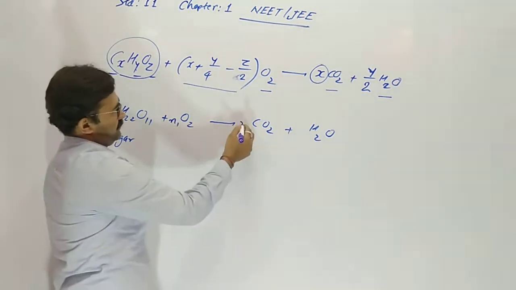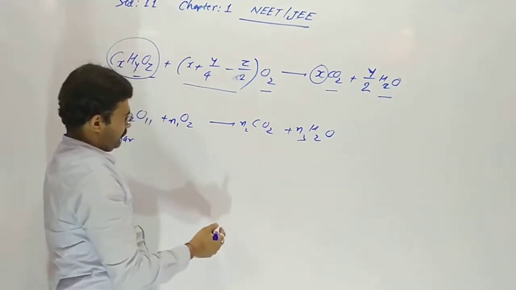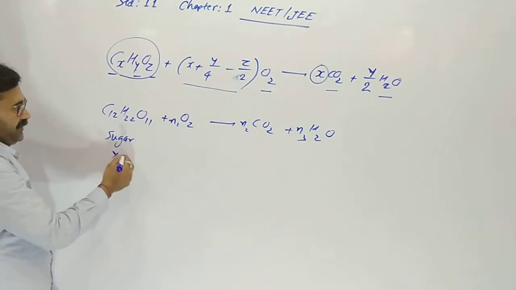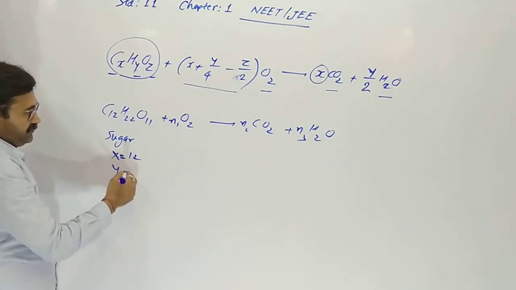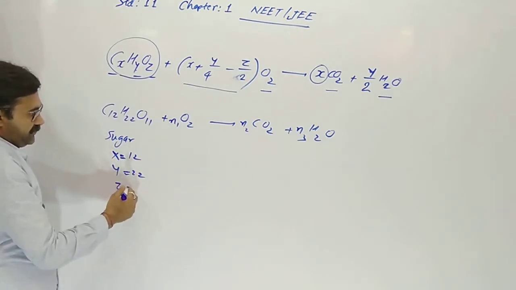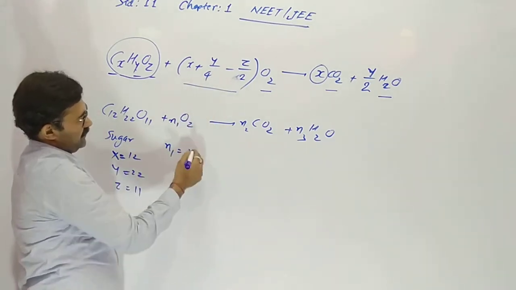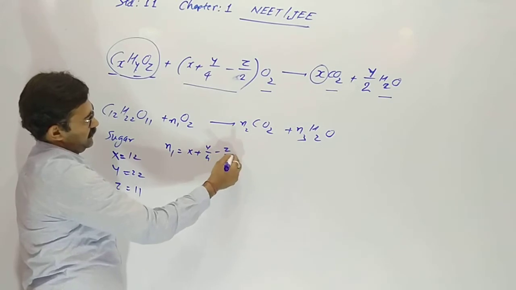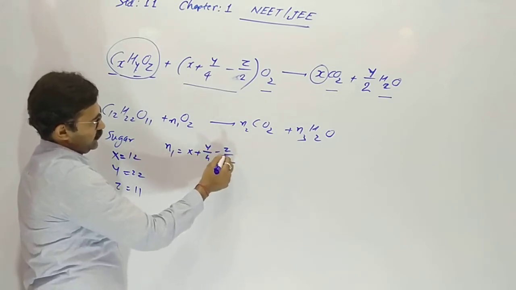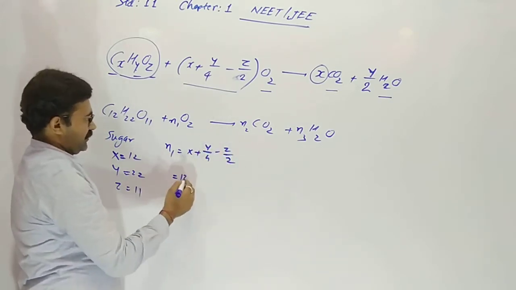So N1, N2 and N3 will be: here x equal to 12, y 22, z 11. N1 is x plus y by 4 minus z by 2. So the value of x is 12.